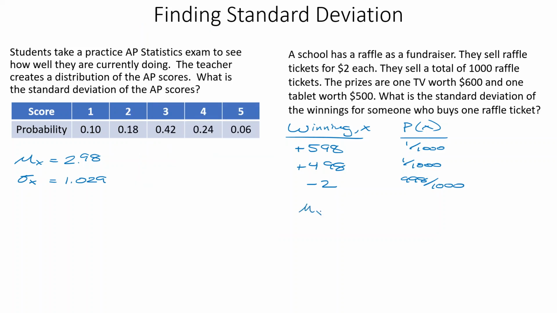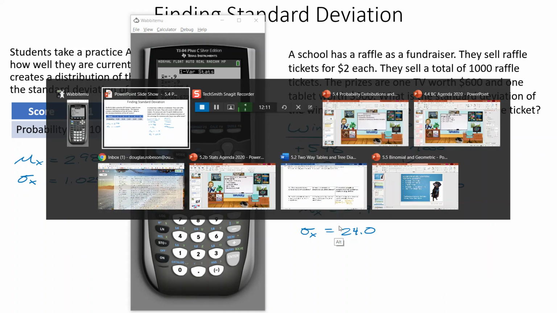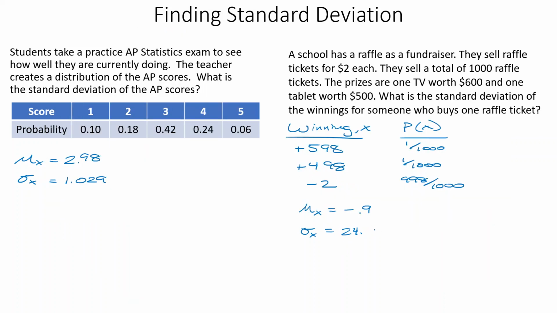So the mean of our winnings is -0.9, and the standard deviation is 24.67. This is in dollars.